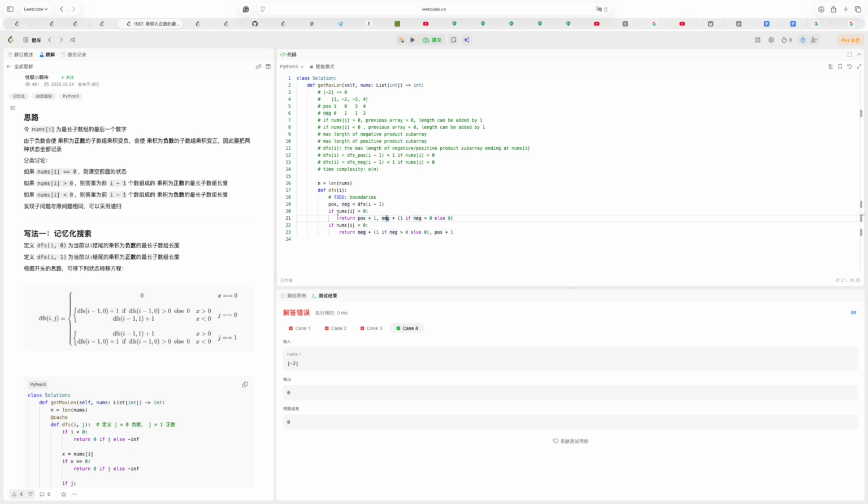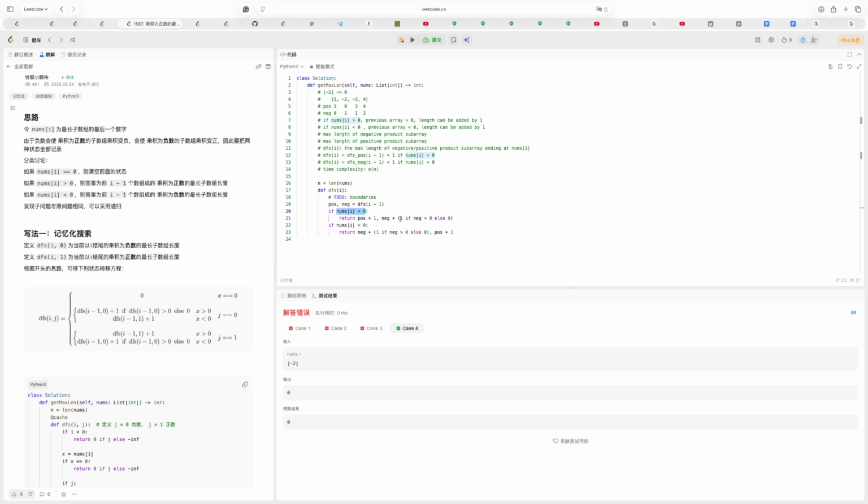But if the current value is positive, larger than 0, its negative length, yeah, we don't know. If the previous negative length is 0, then the current negative length will be 0.